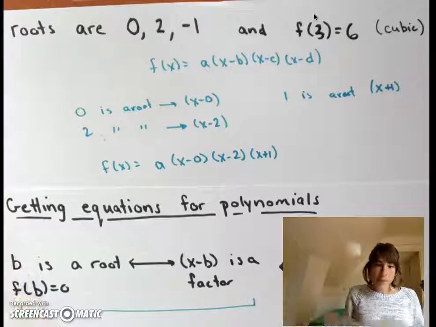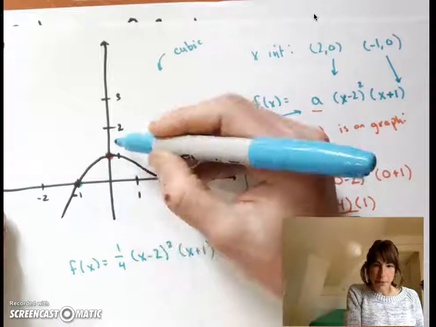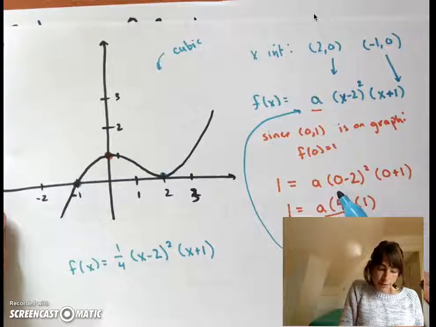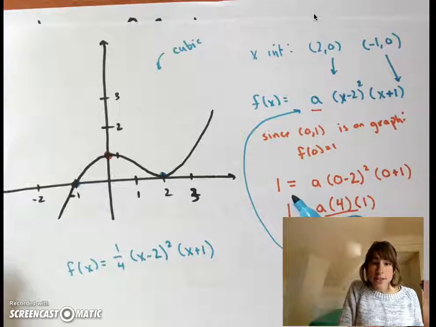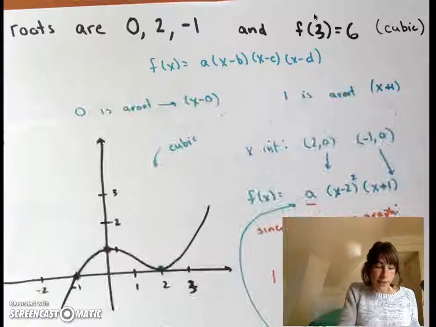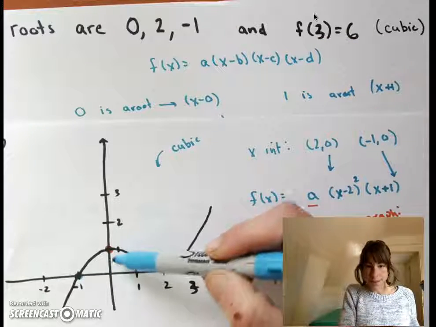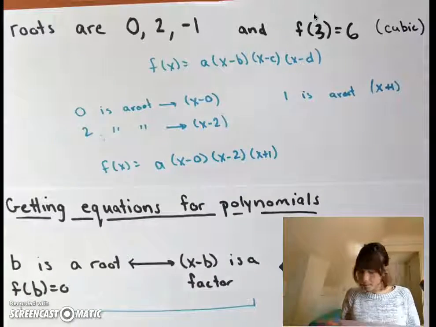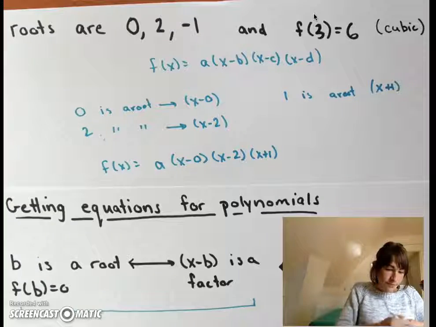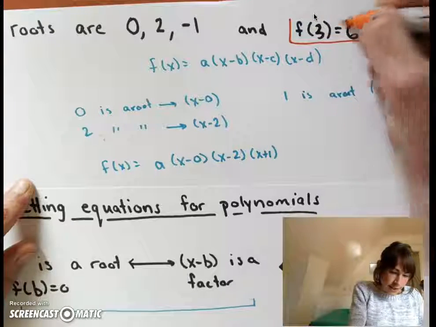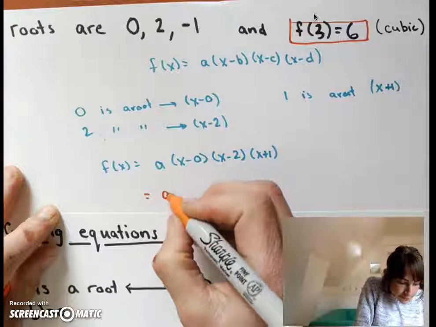In the last example, I did that by looking at a point on my graph, which happened to be the y-intercept, and plugging the x-coordinate in for x and the y-coordinate of that point in for y. So I'm going to do that again, but in this example I'm given f(3) equals 6 instead of being given f(0) equals 1. So to figure out my scaling factor, I'll use this. So f(3) just means plug 3 in for x.